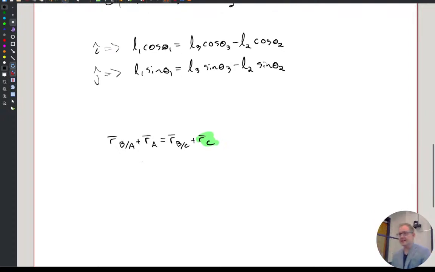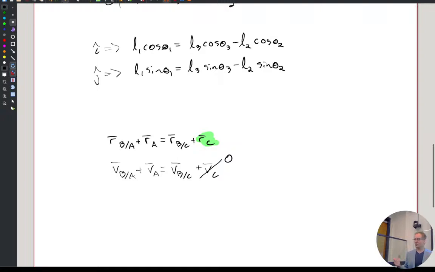So if this is my constraint on position, the constraint on velocity looks exactly the same. The only difference is that the change in RC is 0, so VC is 0. So we end up with 1 less term there.